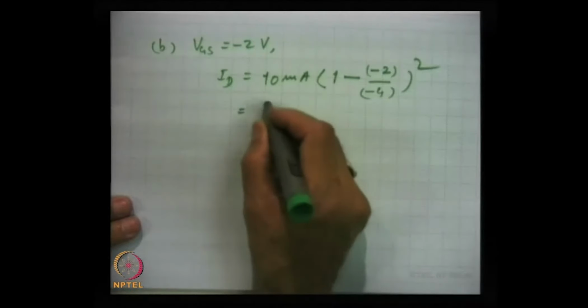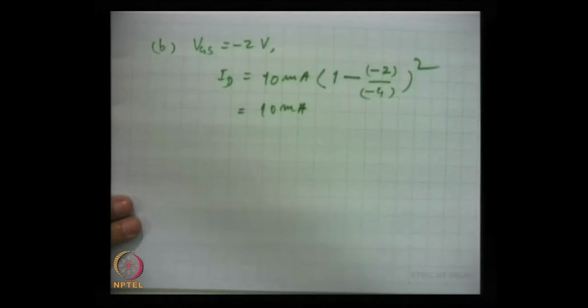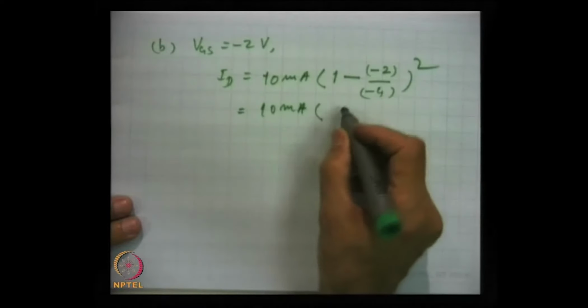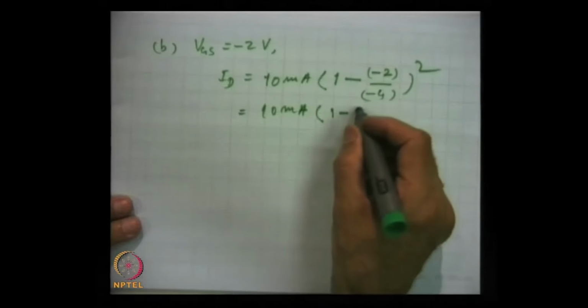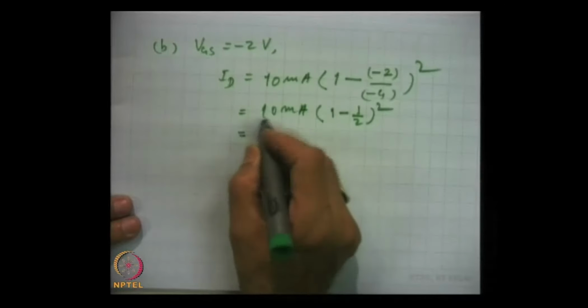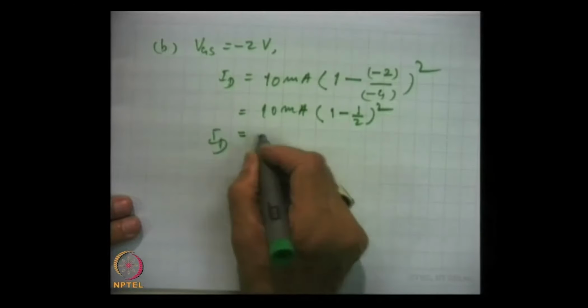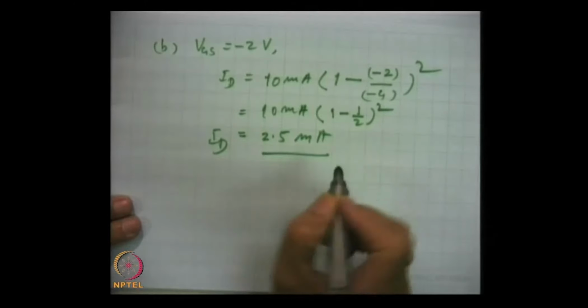So this is equal to 10 milliampere into 1 minus 1 by 2 squared, which gives the drain current as 2.5 milliampere.